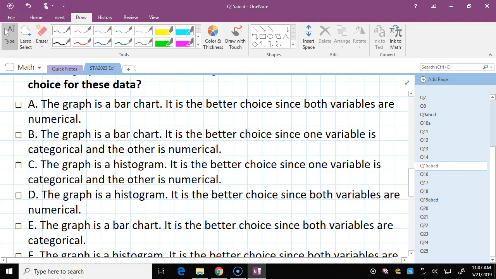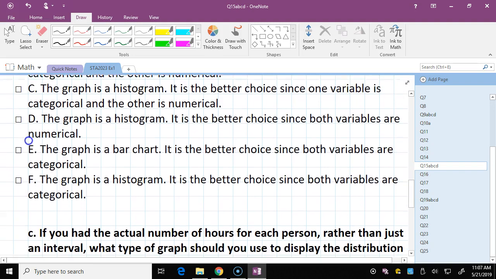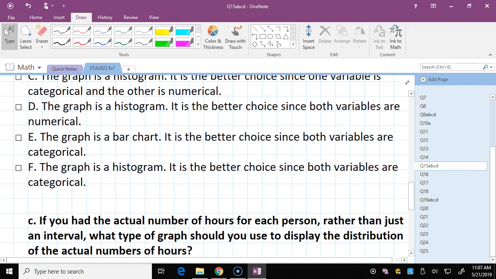Well, we can throw that out because both variables are categorical. B says the graph is a bar chart, the better choice since one variable is categorical and the other is numerical. Throw that guy out. That doesn't make any sense. Or E, the graph is a bar chart because it is a better choice because both variables are categorical. Only part E makes sense because both variables are categorical from what we said.